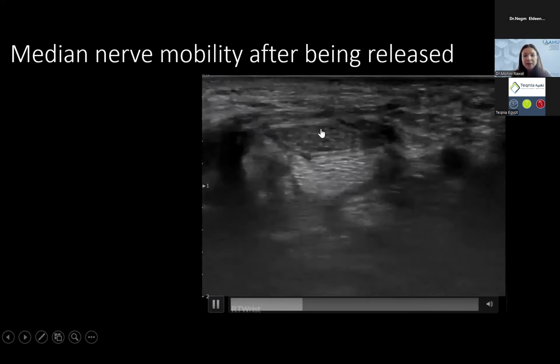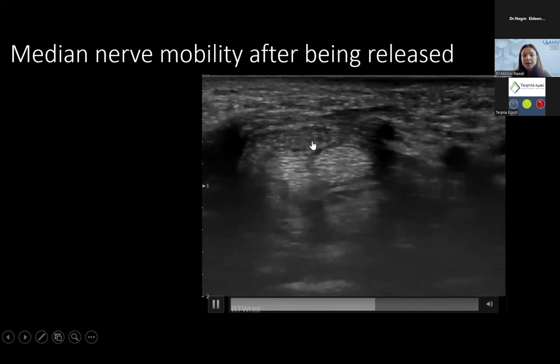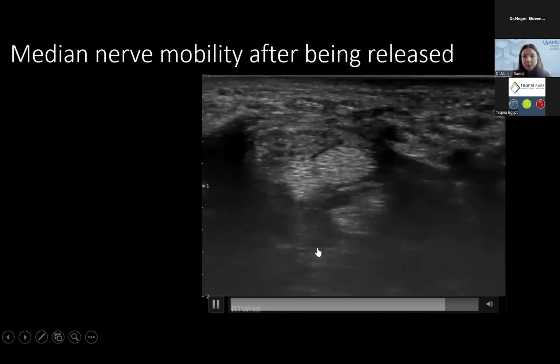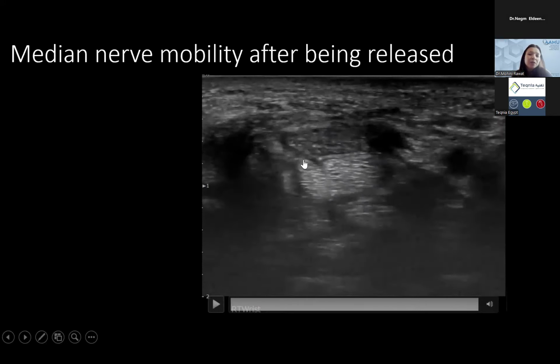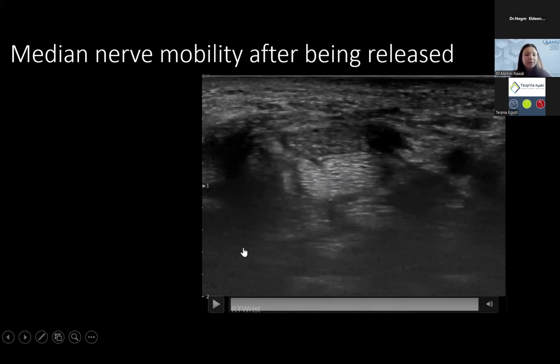You can see that side to side movement and the downward movement in this clip. It's not restricted anymore, although it still looks on the bigger side. Again, we don't see immediate return to normal cross-sectional area after surgery. That is expected.